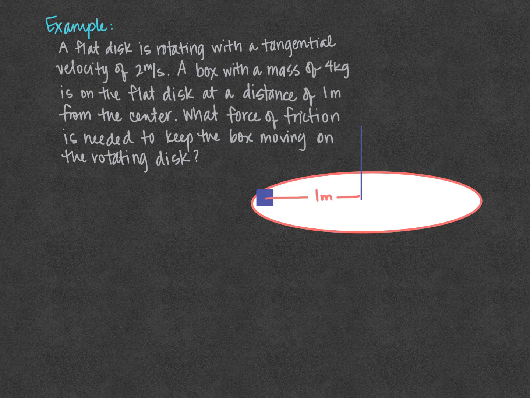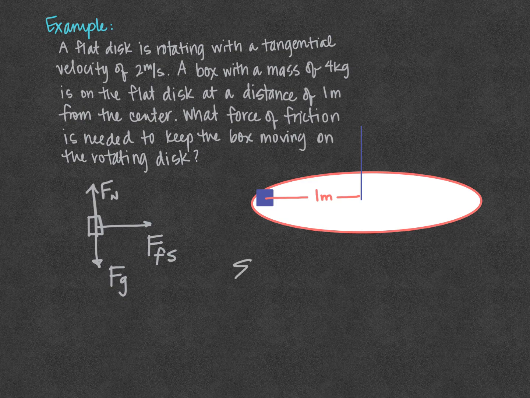So first we're going to draw a free body diagram of all the forces acting on the box. So if this is my box, there's definitely the earth pulling on the box and the disc pushing back up on the box. And then in order to keep it from slipping out of the circle, there must be a force directed towards the center of the circle.